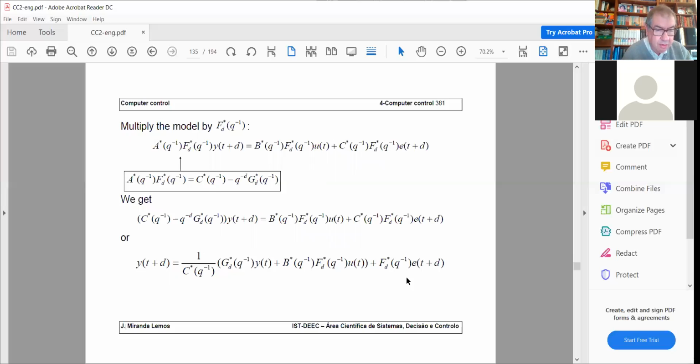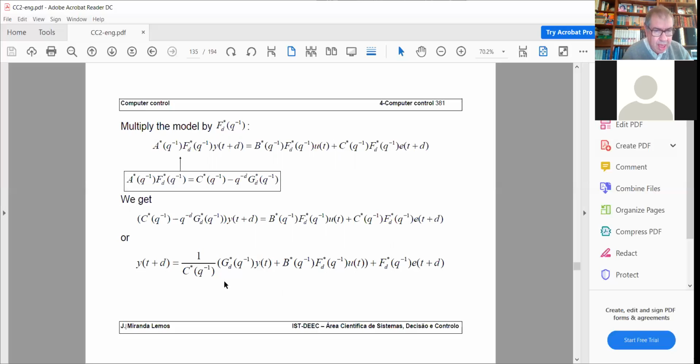Okay? So what is this formula? It's a prediction formula. It tells you that Y of t plus D is, imagine that C star is 1, so your noise is white, a linear combination of Y, a linear combination of U and a linear combination of future noise samples that affect the system.